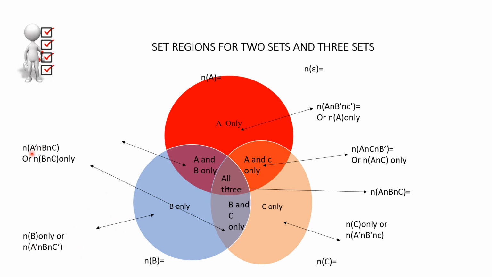Then also come here and say A intersection B intersection C. So that means that this is B intersection C only, because what I see having the complement is only A. So that means that A is not part. So how do you exclude that A?